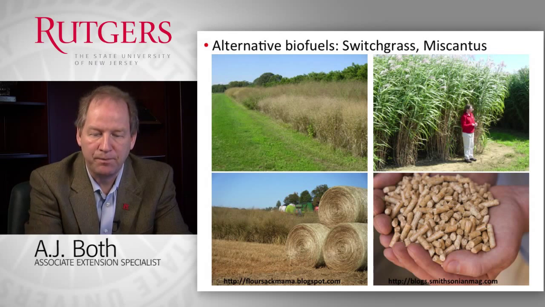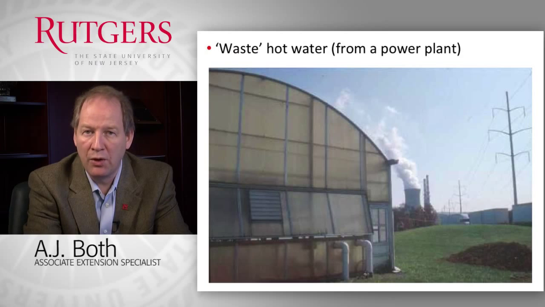If you are located near an industrial site, such as a power plant or a large industrial manufacturer, they may have additional heat that they're trying to remove from their system. In the power plant, for example, they try to cool down their power generation system, and typically that is done in large cooling towers, as you see in the background here.